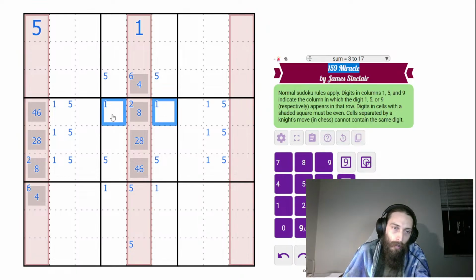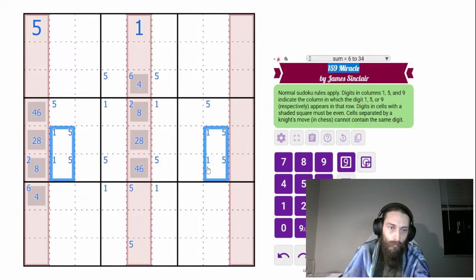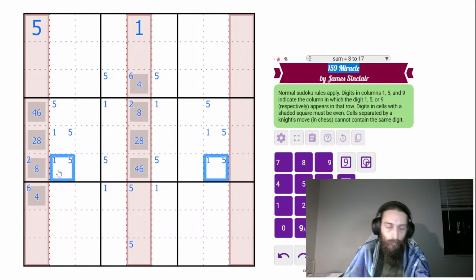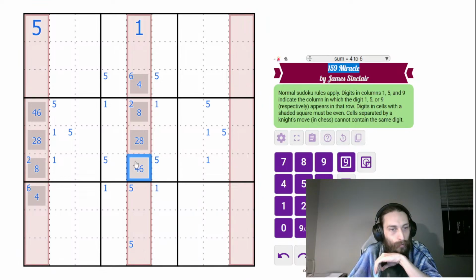Well, I know the 1 has to be one of these two, so 1 is out. And 5 has to be in box 5. So, if this is a 4, and the 5 is up top, then that one's an 8.